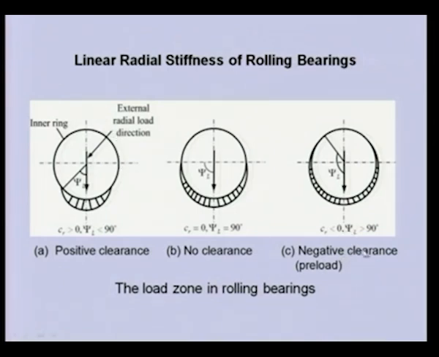But if we have negative clearance or preload, if the balls are preloaded, then the contact zone is more than 90 degrees, and most of the rolling elements take the load. So generally if we provide the preload, we find that more rolling elements take part in the load sharing.